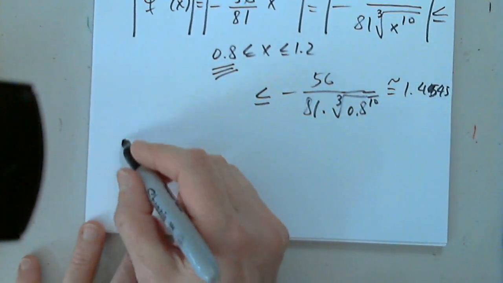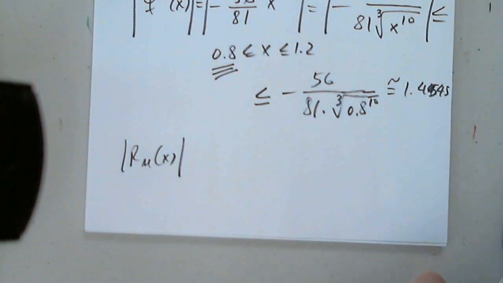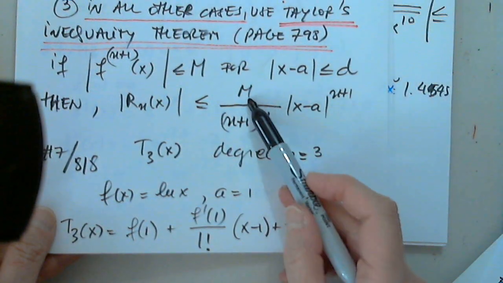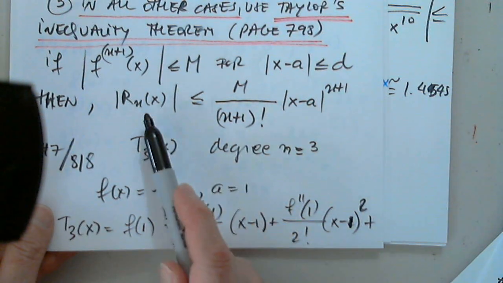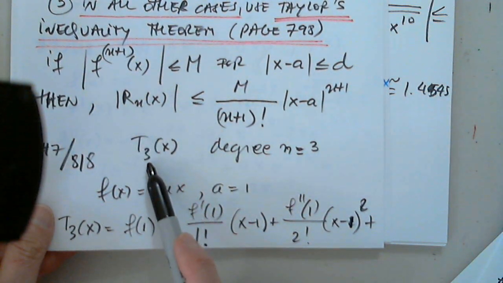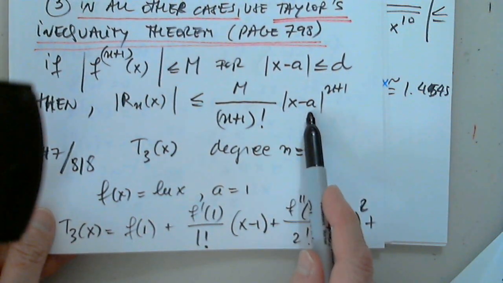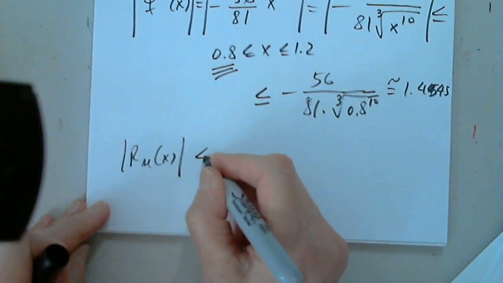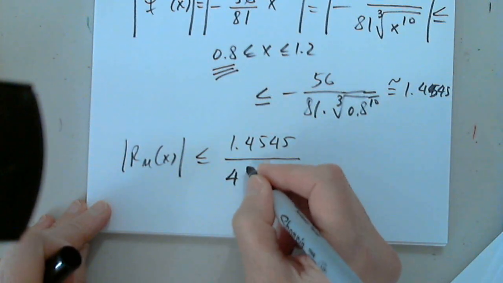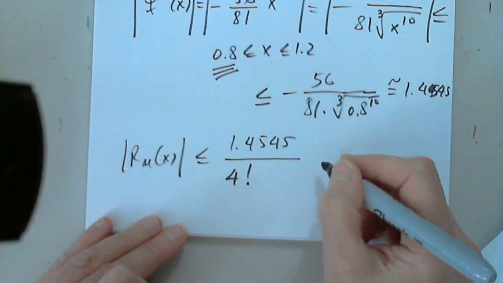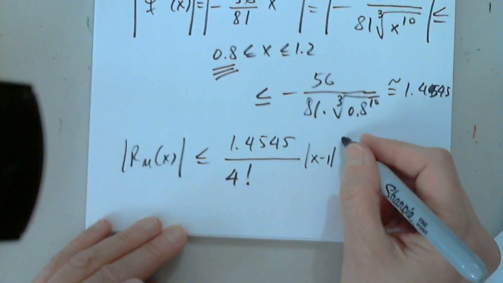Now, in order to estimate, let me show the formula again. It's right here. Our M is this number, n plus 1, because we are talking about polynomial degree 3. So this will be 4 factorial, and this will be 4, and this will be x minus 1. So less than or equal to 1.4545 divided by 4 factorial, and x minus 1, let me write it like this first, x minus 1 to the 4th power.